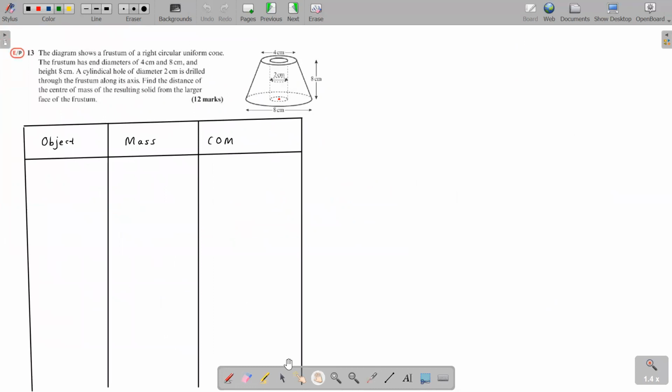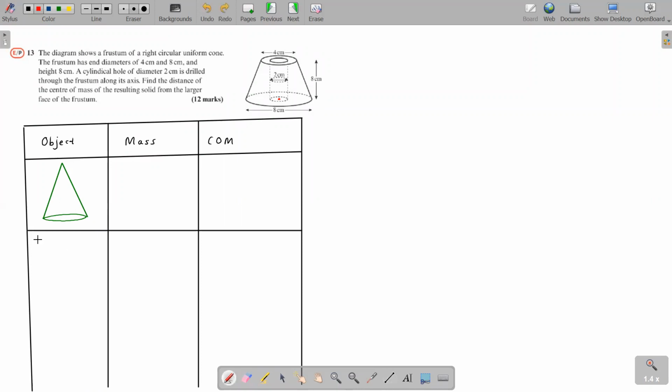So we have a large cone. And from that, I'm using a minus sign here to identify that I should remove it.